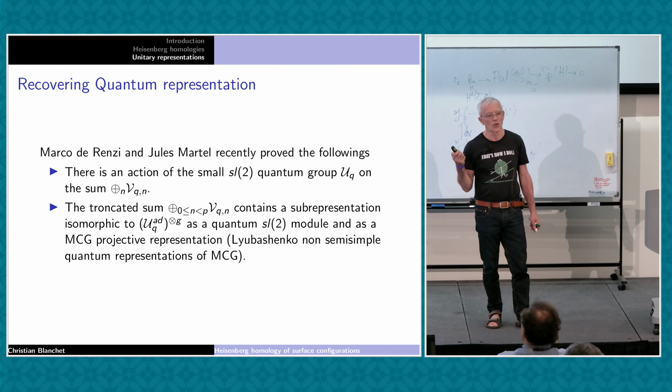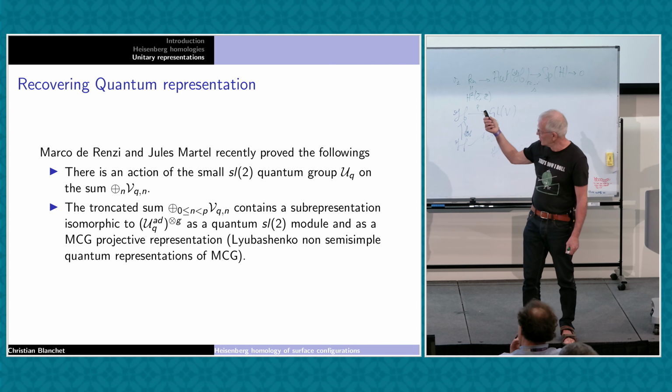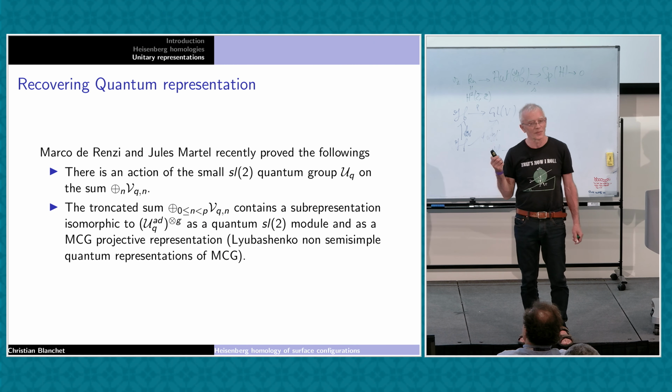And not only do you get this quantum structure, but it is known that some version of non-semi-simple TQFT, first constructed by Lyubashenko, gives a representation of the mapping class group on this tensor product.